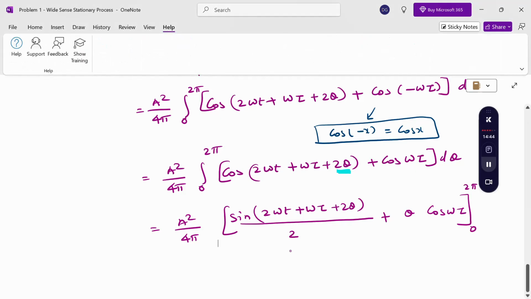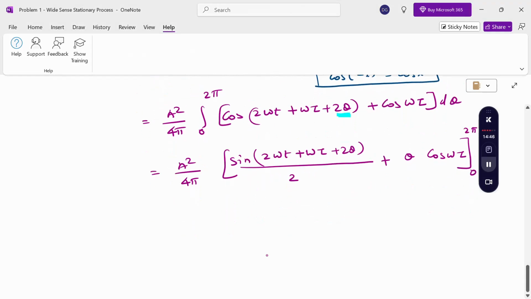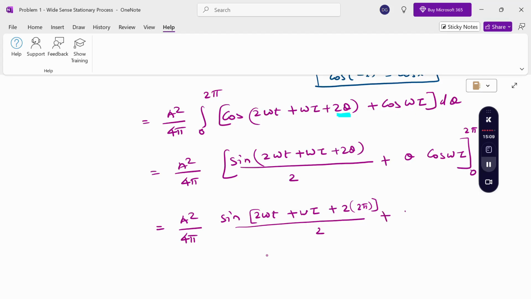Substitute the upper limit and then the lower limit, substituting θ. A squared by 4π, sin(2ωt + ωτ + 2 into 2π) by 2 plus 2π cos ωτ. This is the upper limit minus the lower limit: sin(2ωt + ωτ) plus 0 by 2, minus 0.